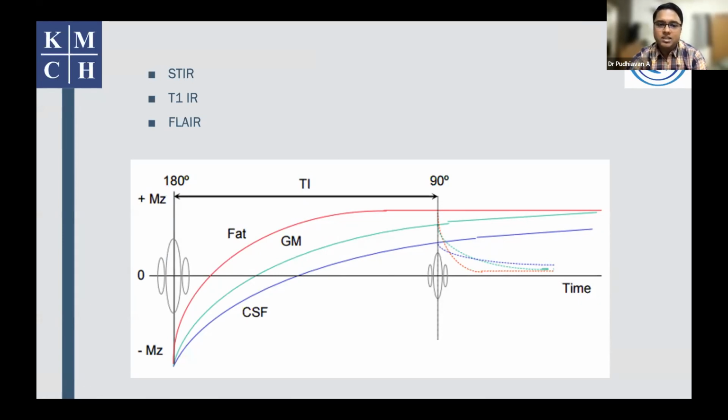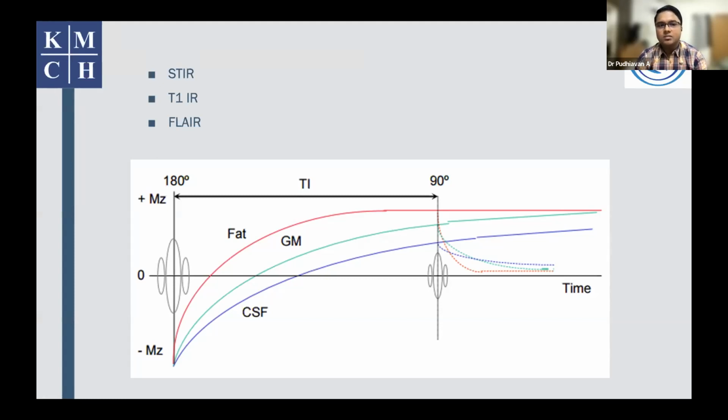Since there is no excitation of protons in water, they will not be able to produce any signal. So there will be no signal from the protons in water, and you will get an image contrast where all the signal from the water is completely suppressed or nulled.